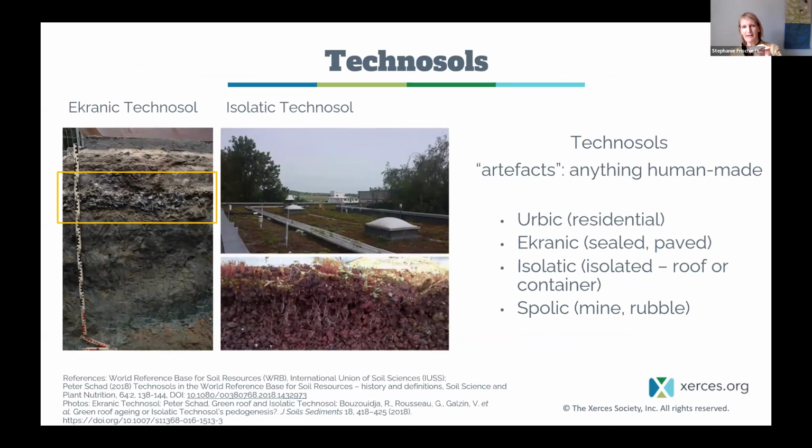That acrenic was a paving. Again, past cultures or societies may have become embedded in soil with their pavements that way. And like I mentioned, rooftop soils are this other new category that's labeled an isolatic technosol.